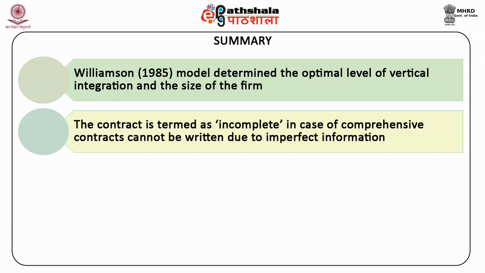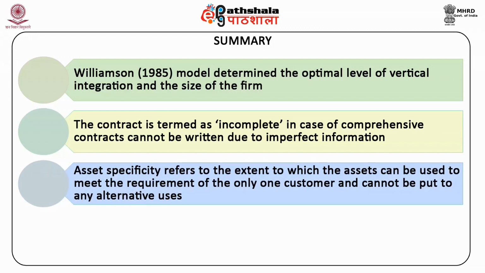the supplies. Asset specificity refers to the extent to which the assets can be used to meet the requirements of only one customer and cannot be put to any other alternative uses without compromising its productive value.